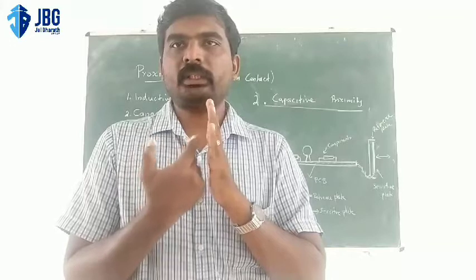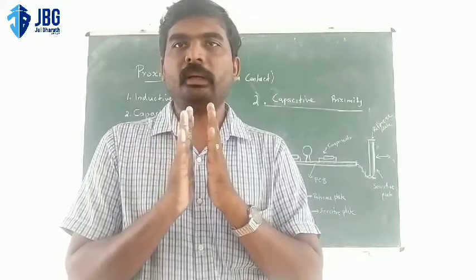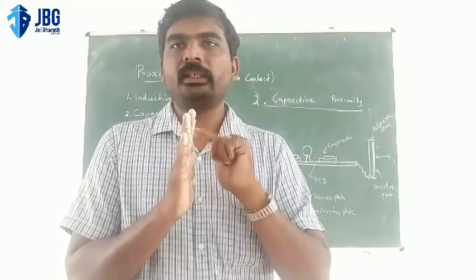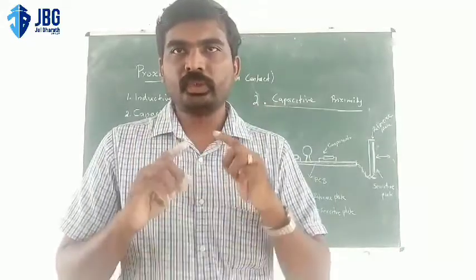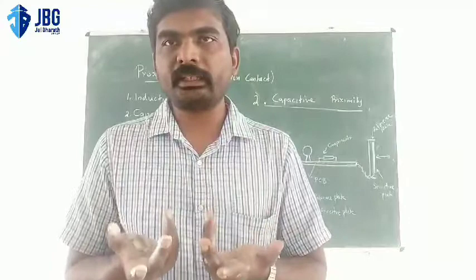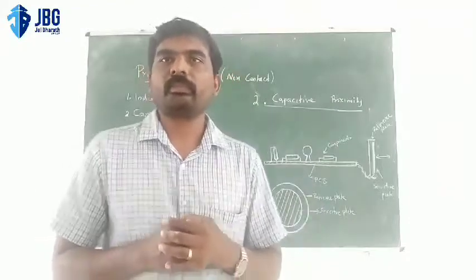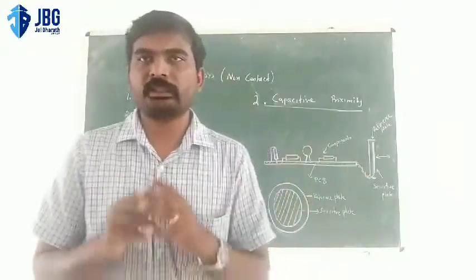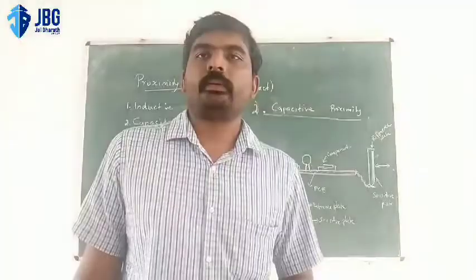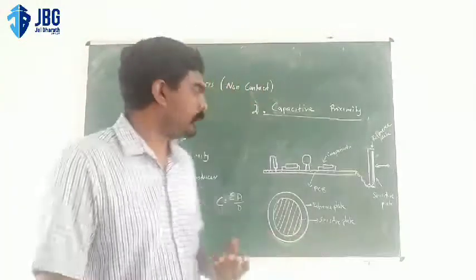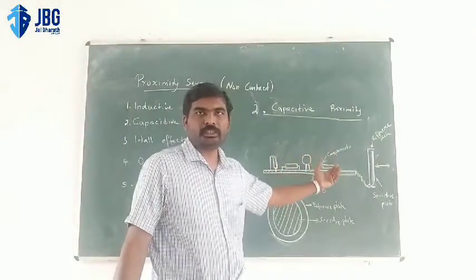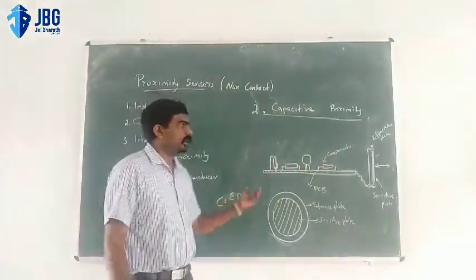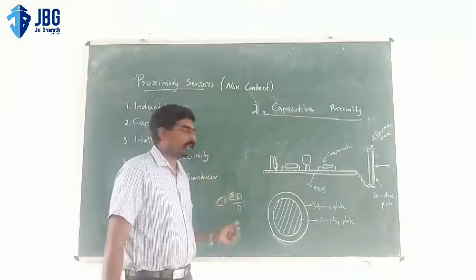What happens? The distance between the plates may vary, so that will change the capacitance value of the capacitor. The capacitance changes when the distance between the parallel plates changes.